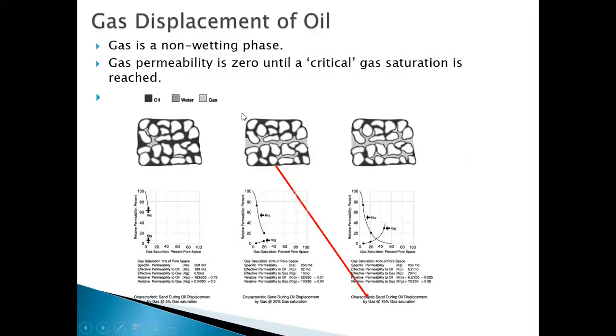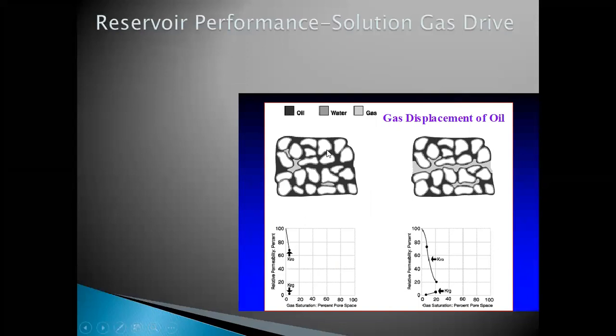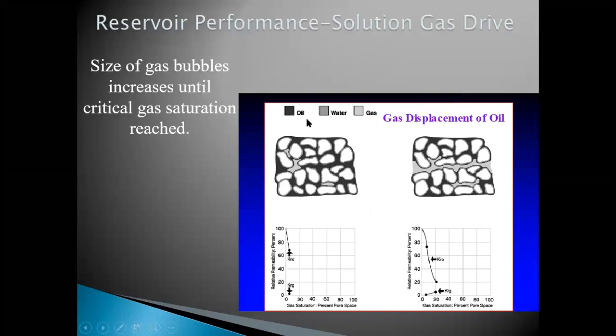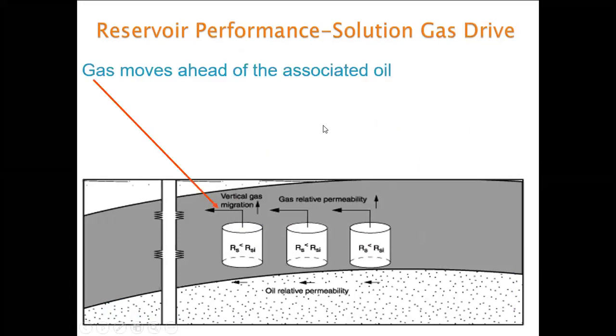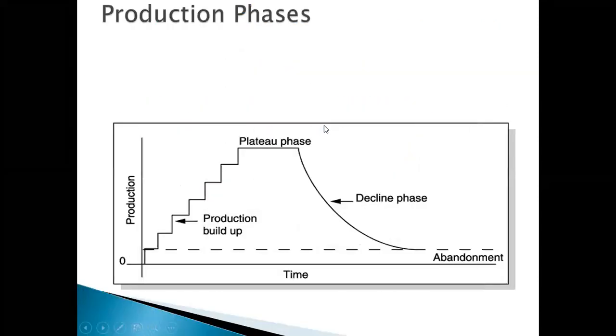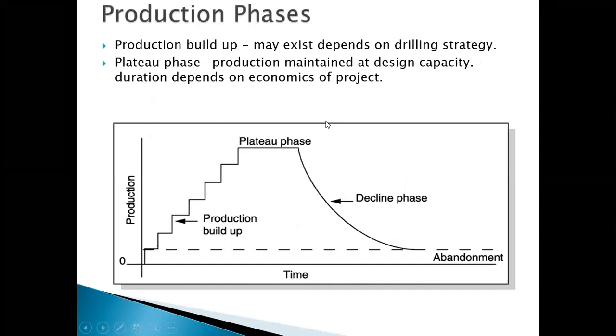Let's look at the behavior of solution gas drive. I want to go first to this one. Okay, in the solution gas drive, we have first a build up, and then there's a sudden decline. These are the production phases we are talking about here.